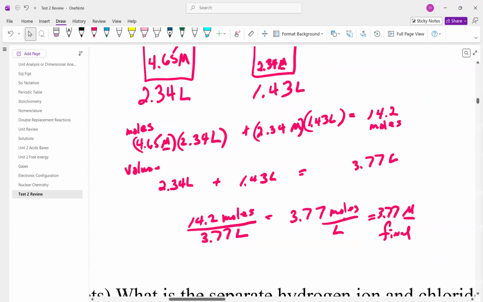So does this make sense? It will by tomorrow, right?